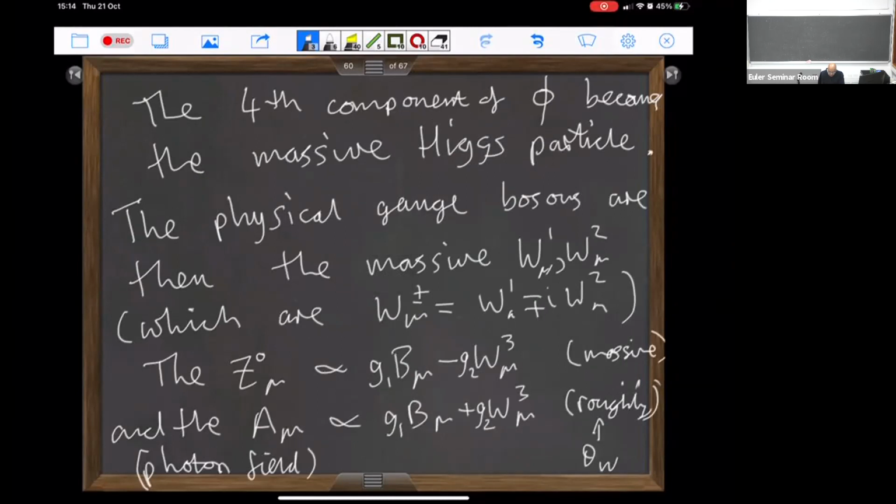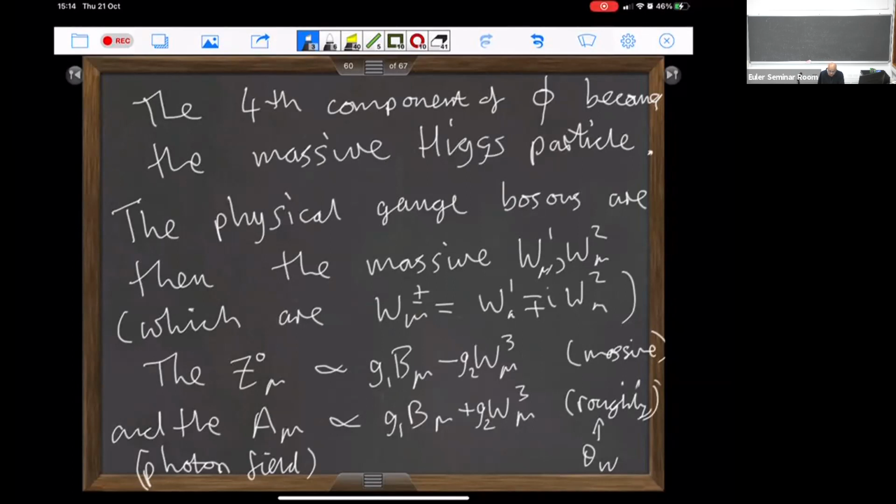This is what we've said before, I'll just re-emphasize it. What you end up with in the end are 3 massive gauge bosons. One is the Z, which is some linear combination of the hypercharge gauge boson and W3.